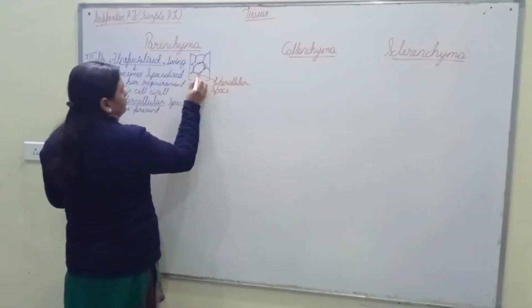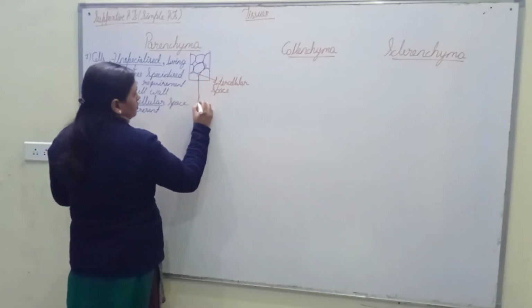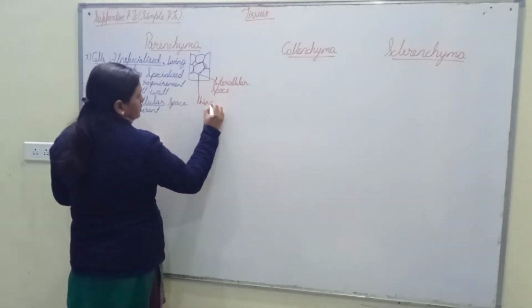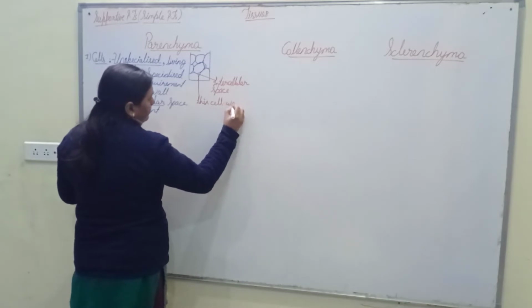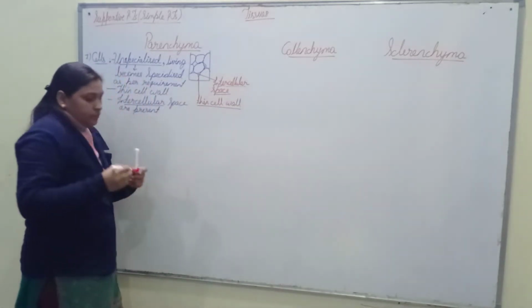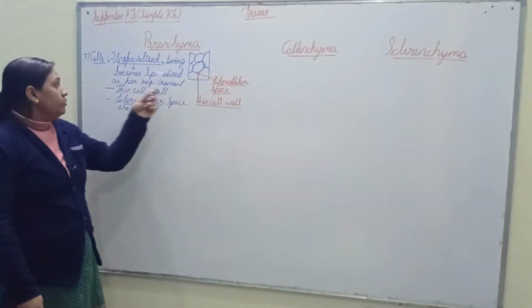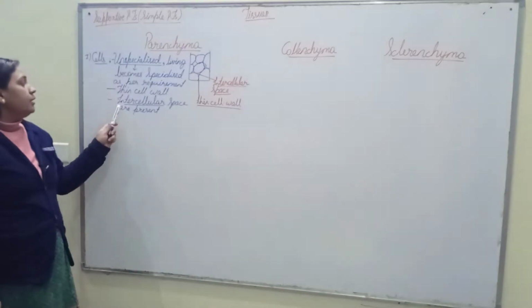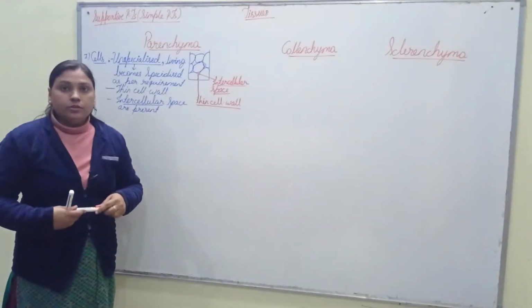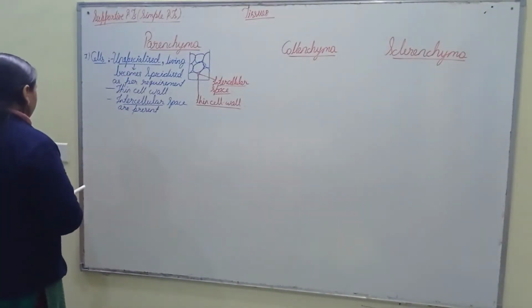Also they have thin cell wall. So cells of parenchyma are unspecialized living, having thin cell wall and have intercellular space between them.